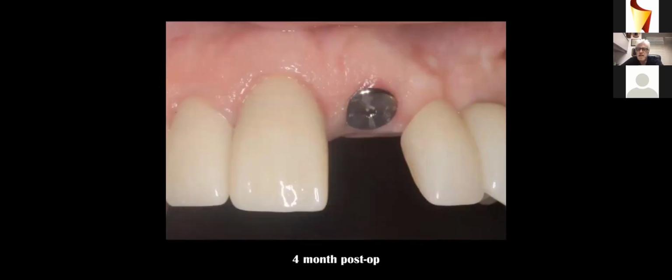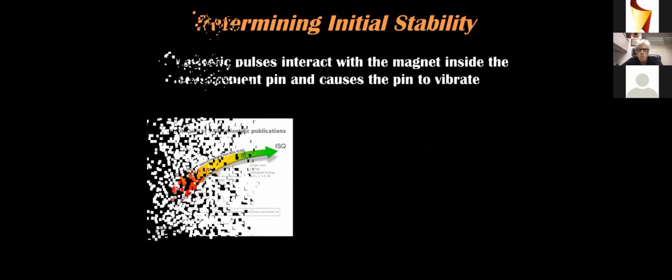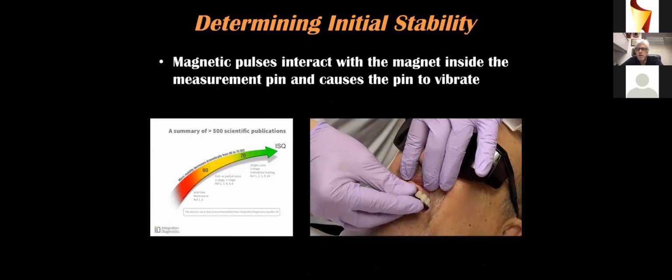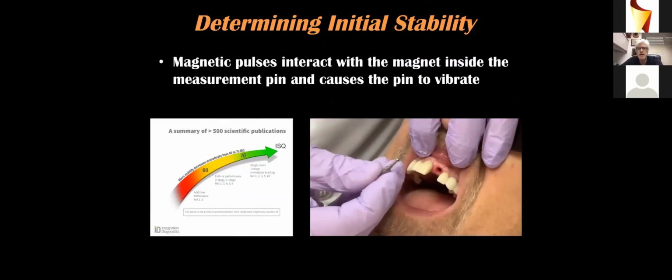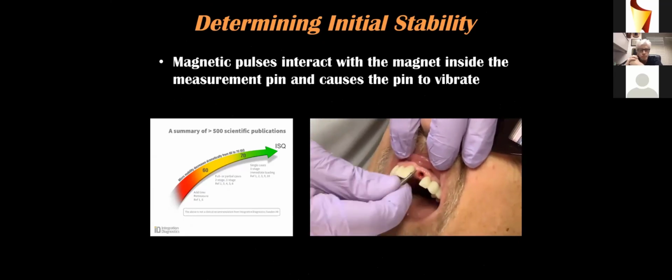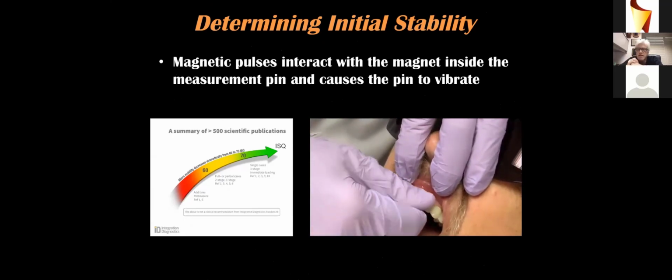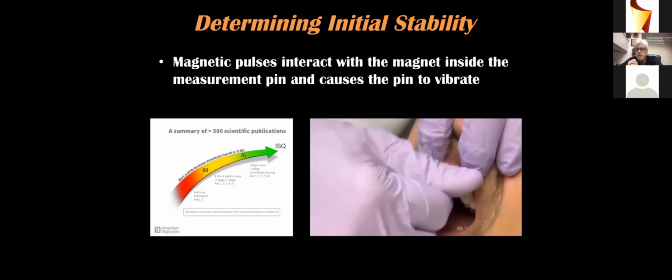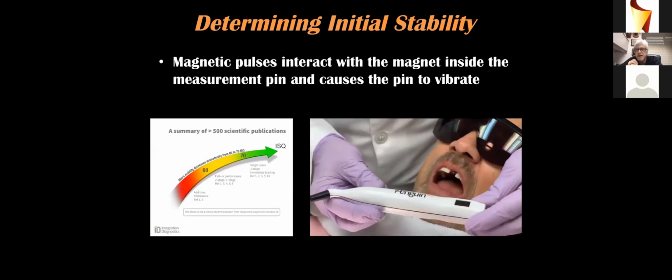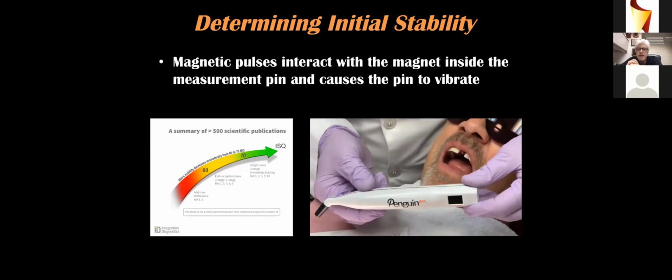4 months post-op, you can see how the tissue healed around the healing abutment. And we will torque test this using something called a Penguin. What we do is we simply thread a little magnetic pin, and we get magnetic resonance.